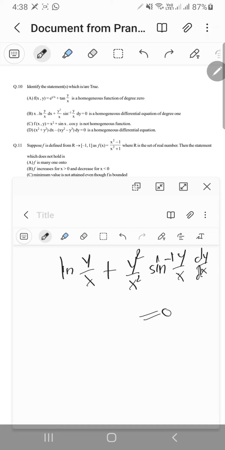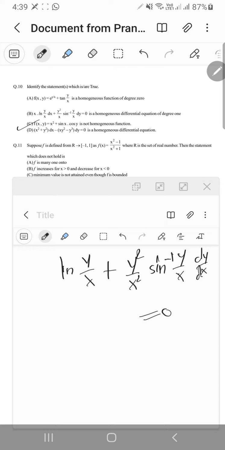F of x, y equal to this function is not a homogeneous function. Yeah, it's not homogeneous. What's the big deal with that? X squared plus, oh yeah, this is the correct thing in that case, so C is correct. Yeah, it's not a homogeneous function.